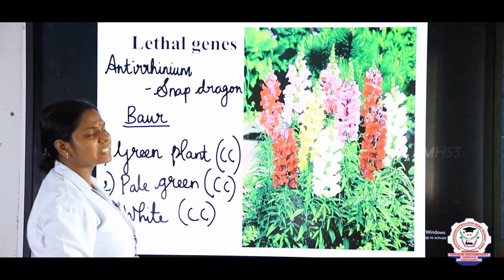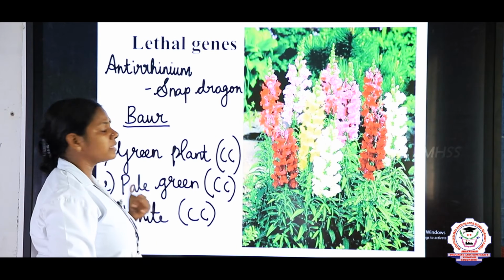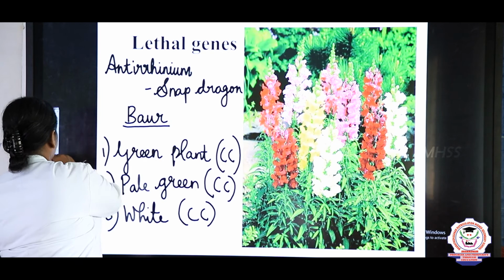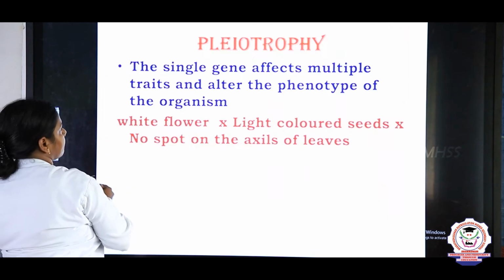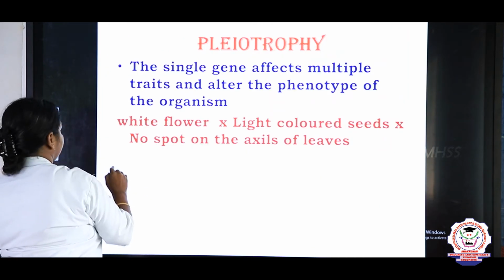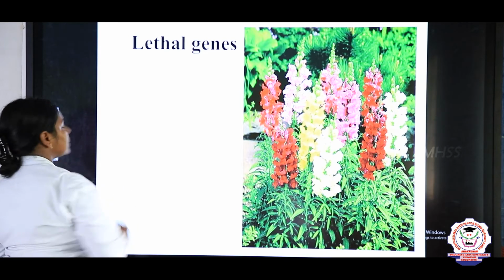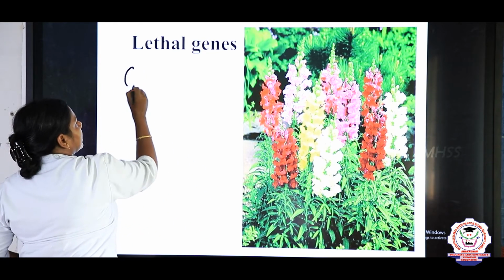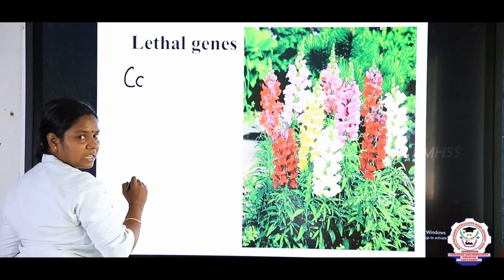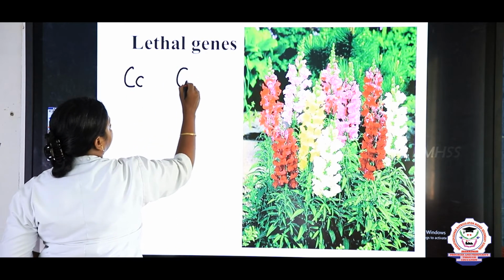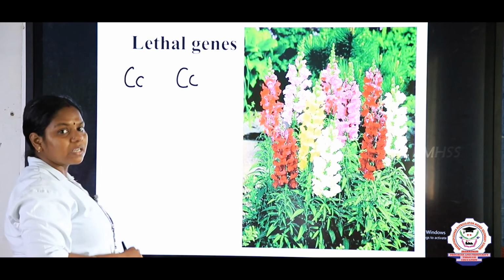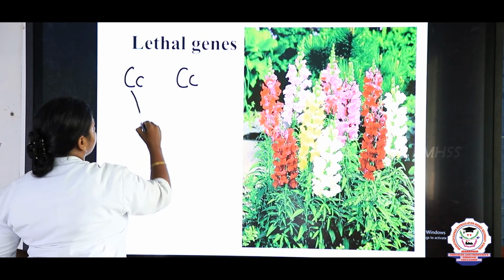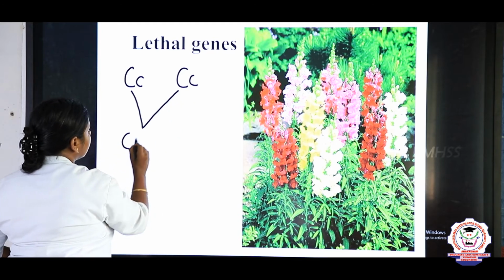So now let us see what happens when the heterozygous plants are crossed. Heterozygous means capital C, small c. When the pale green plants are crossed, what would be the gametes produced, children? Capital C, small c.